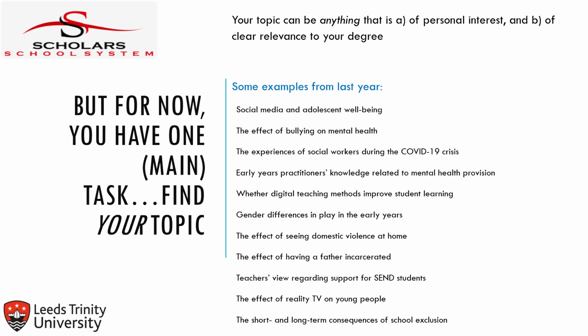On this slide, some examples from last year have been added. So if you want to conduct your research on one of these topics, it's okay, but it's not compulsory that you can only select these topics for your research presentation.